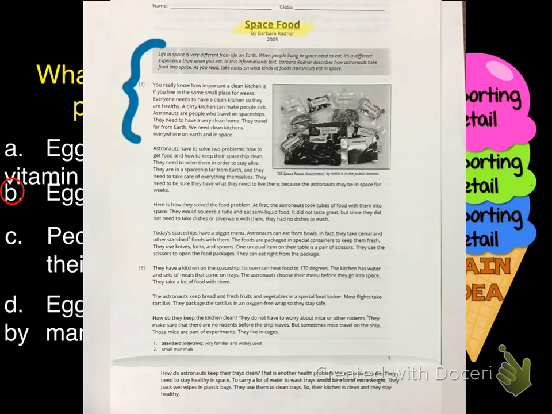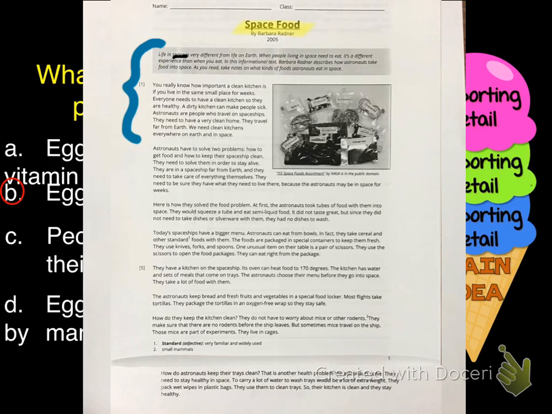All right. Life in space. There's that word space. Well, that's too much of a highlighter. Let's don't highlight it quite that large. But there's that word space, so we've got to underline it. Is very different from life on Earth.